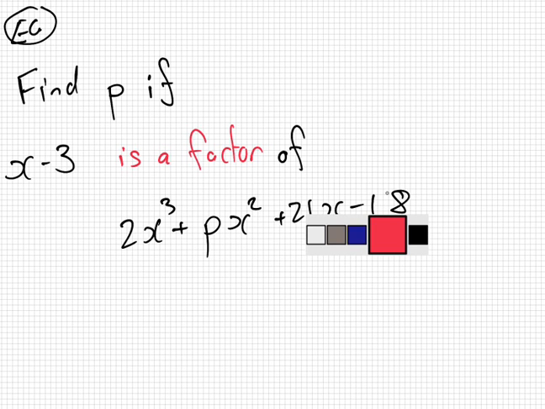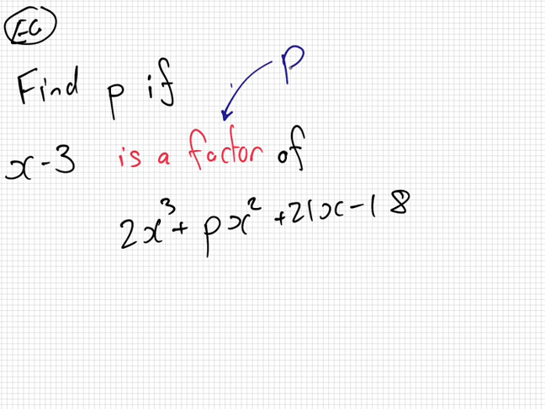Okay, so let's look at the information we know. If I'm telling you it is a factor, then what do I know about the remainder? The remainder is 0. So me saying it's a factor is saying that the remainder is 0. After I replace x with, what number do I use for x? 3.